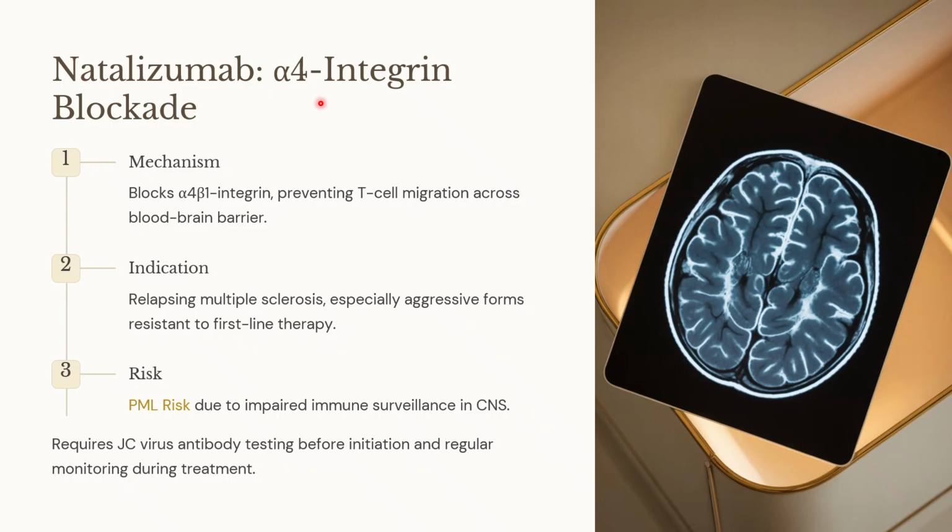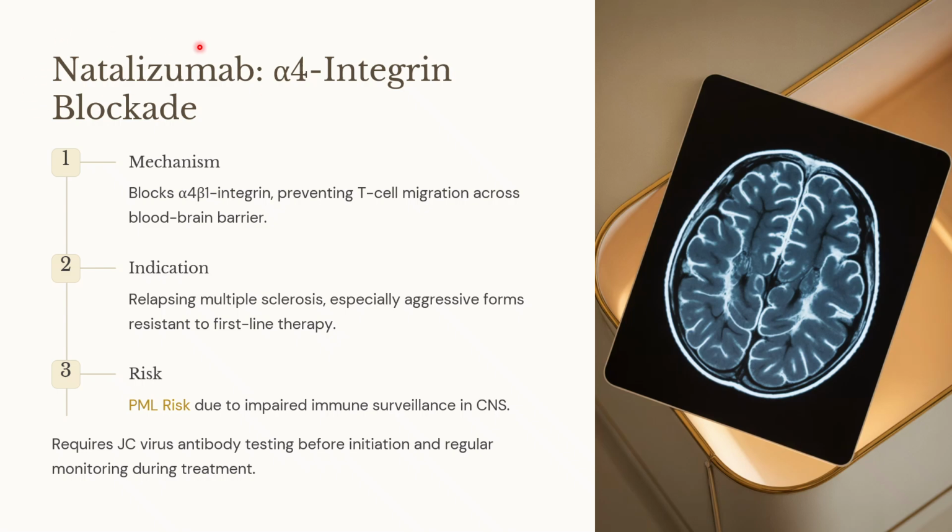Natalizumab prevents the T cells from leaving the blood vessel. Only if they leave the blood vessels and enter the cerebral tissue will they damage the oligodendrocytes, right? If we produce a drug which prevents the T cell migration through the blood vessels, then the T cell damage wouldn't happen.